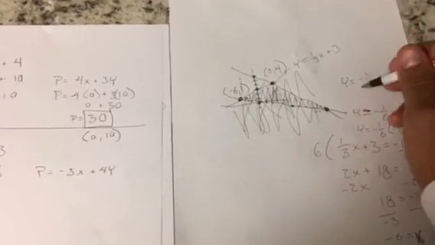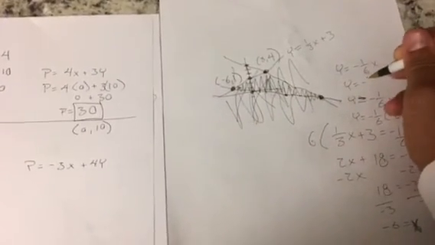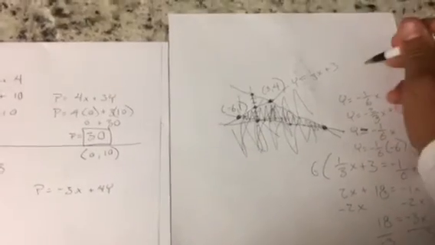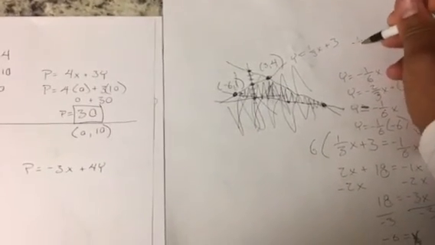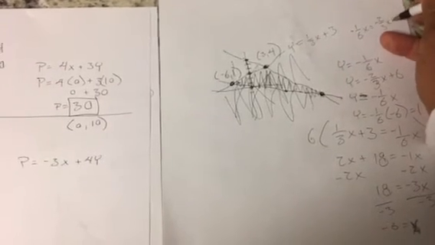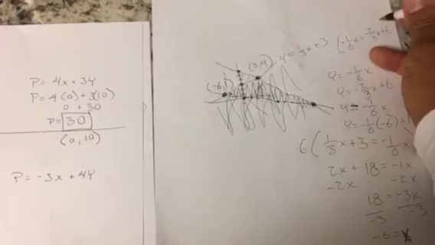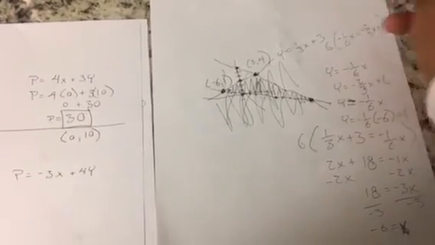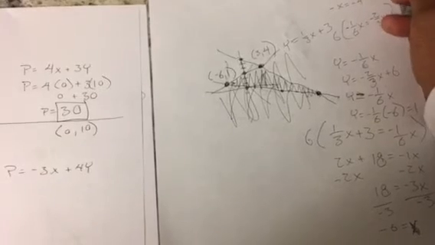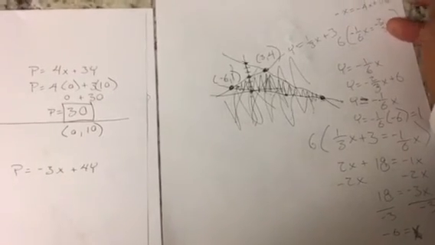And this equation is y equals negative 2/3 x plus 6. Set those equal to each other. Negative 1/6x equals negative 2/3 x plus 6. Multiply by 6 to get rid of the fraction. Negative x equals negative 4x plus 36.